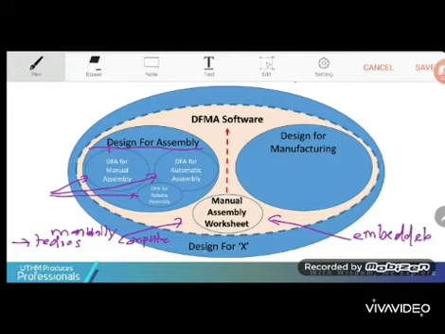Also design for disassembly, which I mentioned earlier. Hopefully you are not confused. And manual assembly is applicable in DFA, so DFA covers automatic assembly and also manual assembly. Understand? Alright.